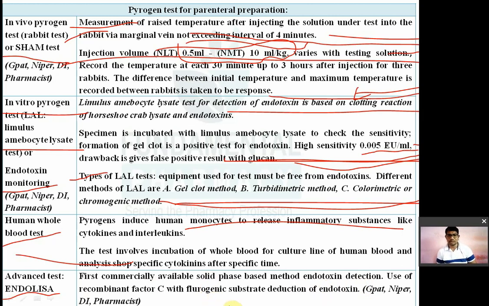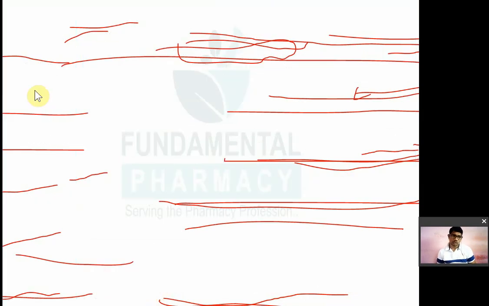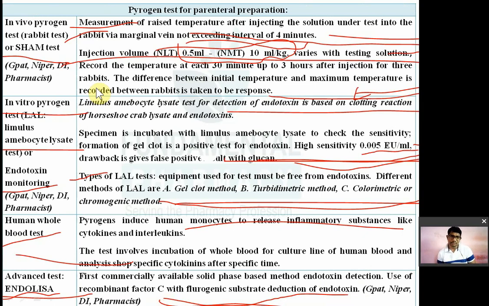Now in this method, recombinant factor C is used with a fluorogenic substrate for detection of endotoxin. बस इतना याद रखो आप कि एंडोलिसा एक टेस्ट होता है, that is a solid phase based method for endotoxin detection. So these are the methods for endotoxin detection. Endotoxin के लिए कितने methods है याद रखो.